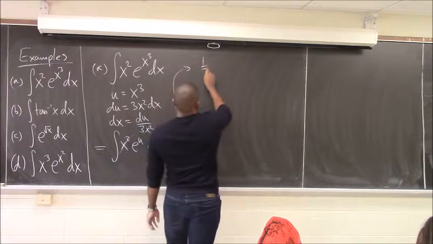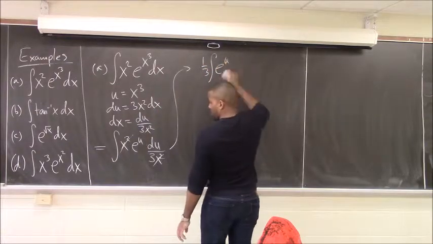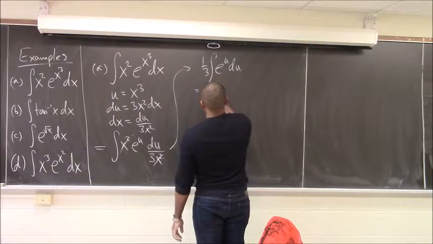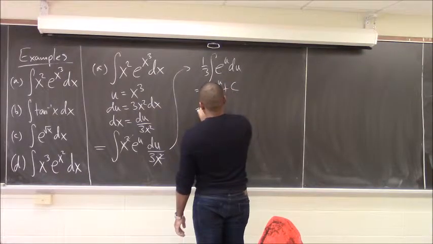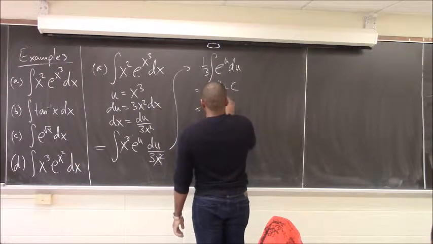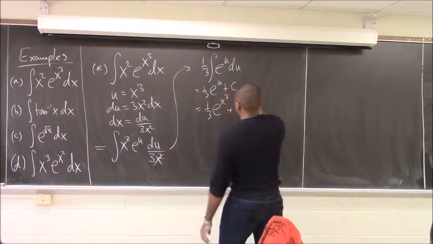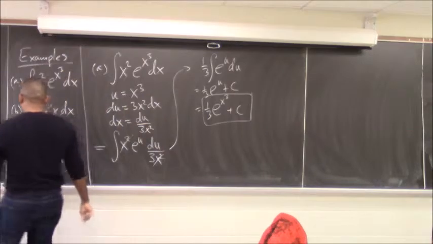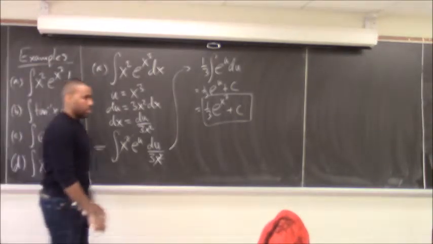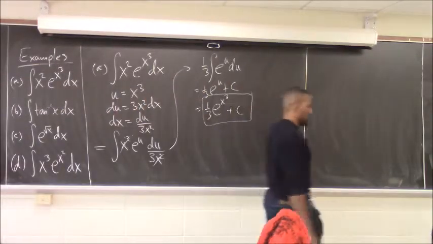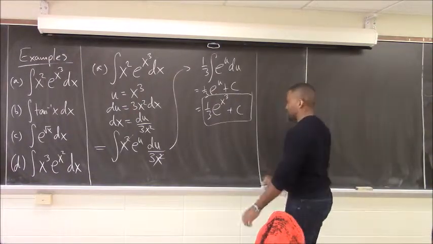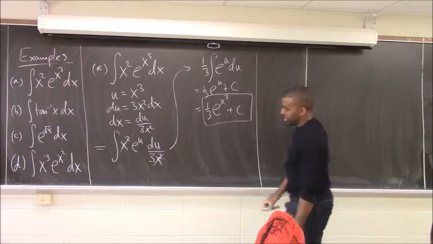So you have 1/3 integral of e to the u du. Integral of that is e to the u. That's your answer. No integration by parts. Trick question. But not really.